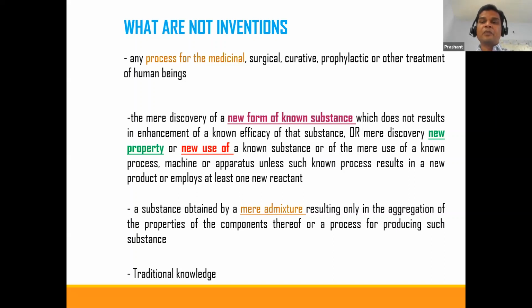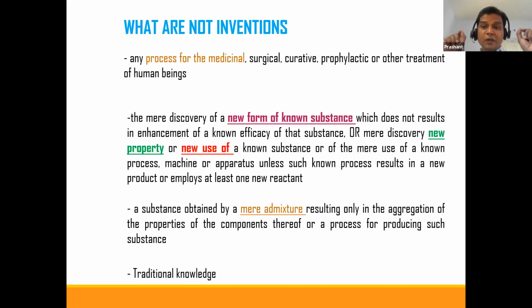For example, there is a molecule called imatinib, which is an anti-cancer molecule, and you come up with imatinib mesylate salt and apply for a patent for imatinib mesylate. The examiner will cite Section 3(d) particularly, which says a new form of a known substance is not an invention. Why? The examiner will say the anti-cancer activity is because of the molecule, not because of the mesylate salt or ester or whatever salts are there.